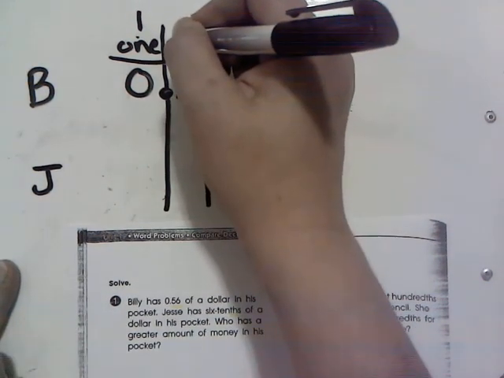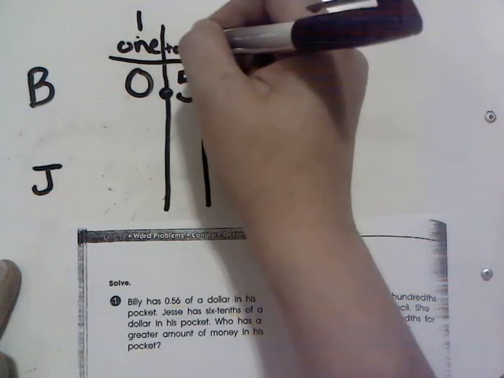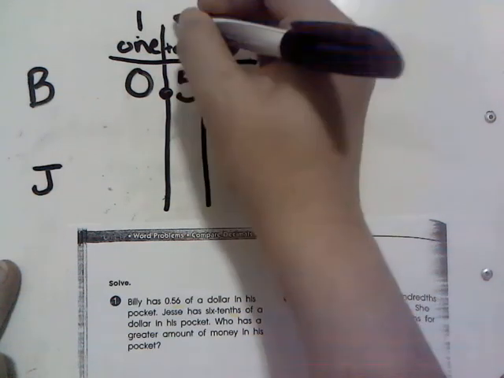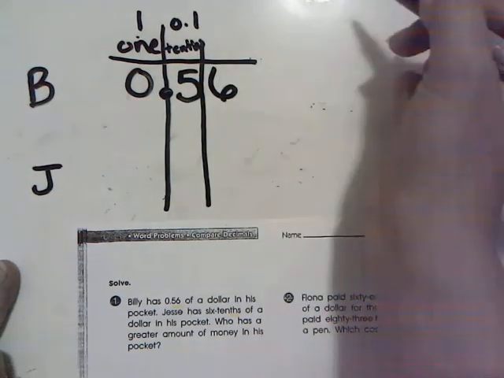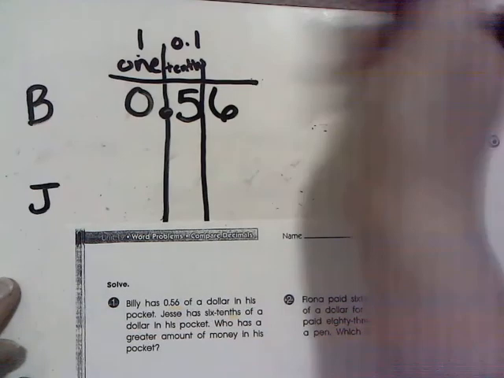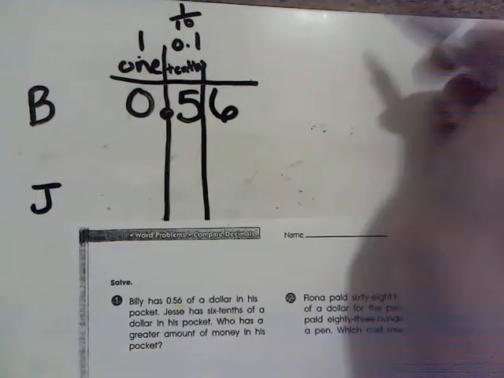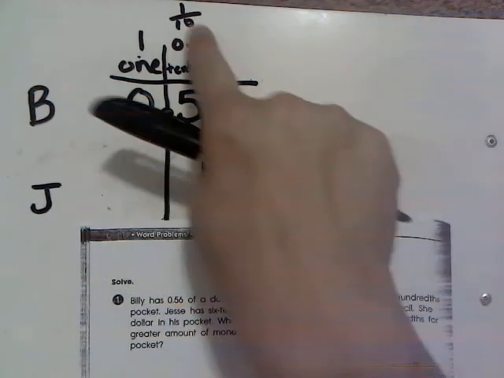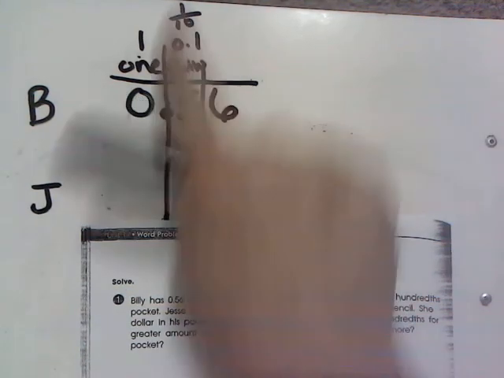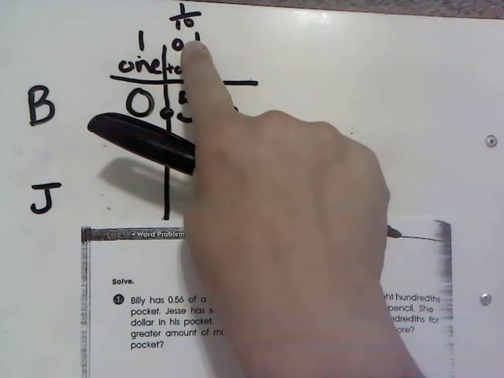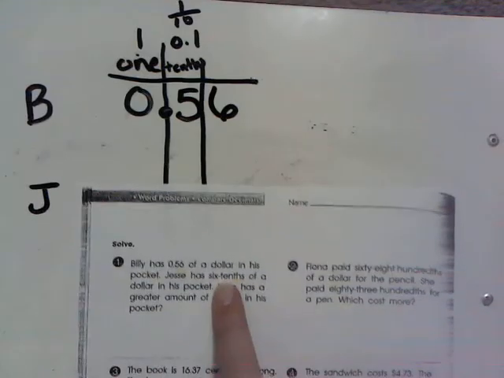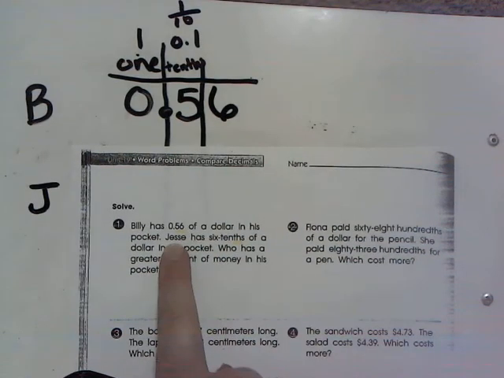So we could say this is tenths. And I can show in decimal form like this. That's my unit. Or I can show my fraction, unit fraction like this. Okay, so I have 5 of these. So we have 5/10ths. Oh wait, that sounds a lot like what they said Jesse had.